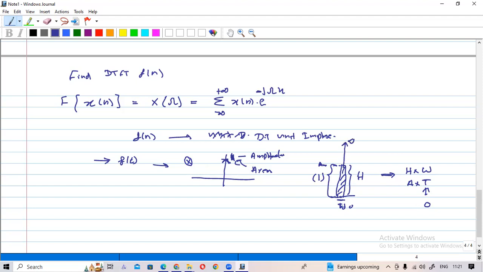So for the impulse, one is the area, not the amplitude. This A into T should be 1. If T is 0, what is this A value? The amplitude value should be what?